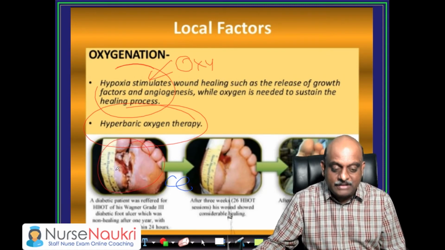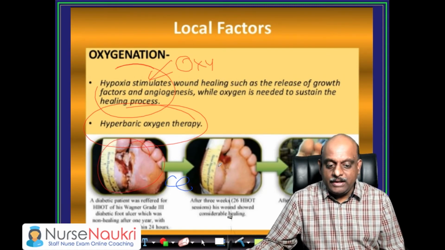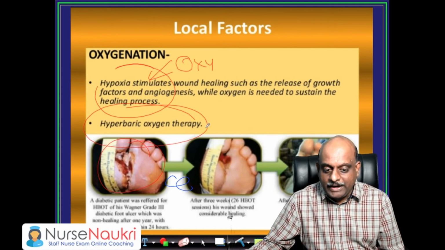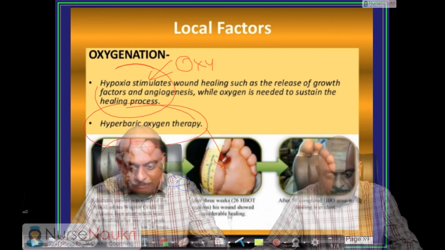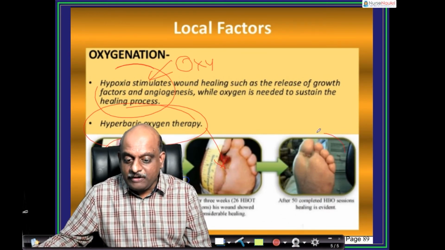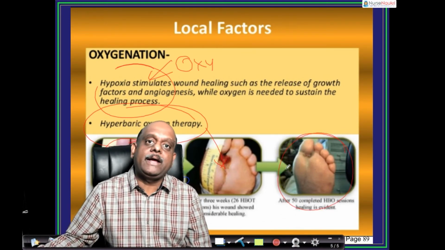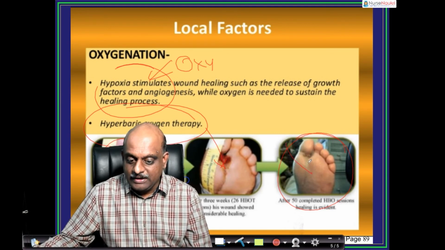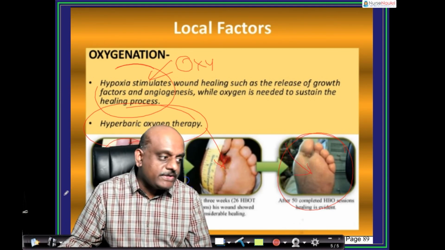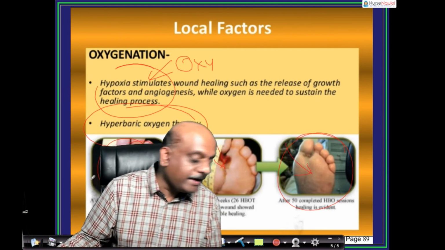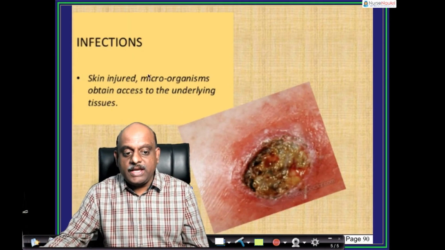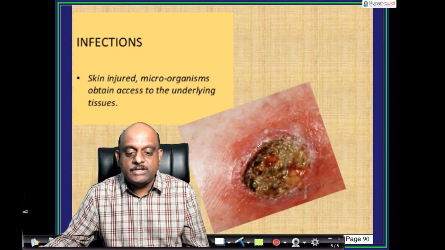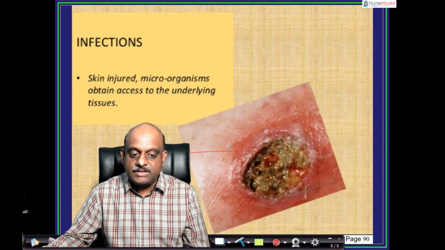This is a diabetic patient who was given hyperbaric oxygen therapy, and after 50 completed sessions, the diabetic ulcer healed very well. That is what you have to remember. Similarly, infections. When the skin is injured, microorganisms get access and delay healing.